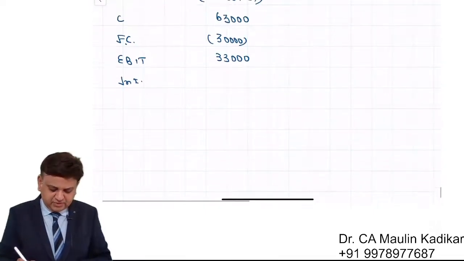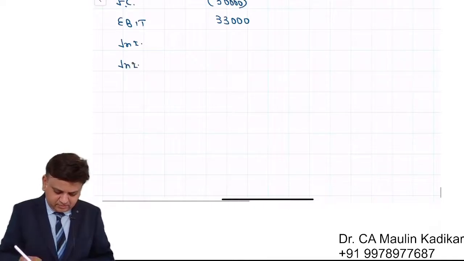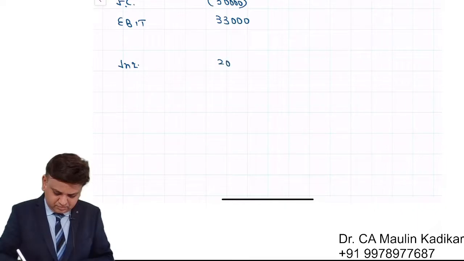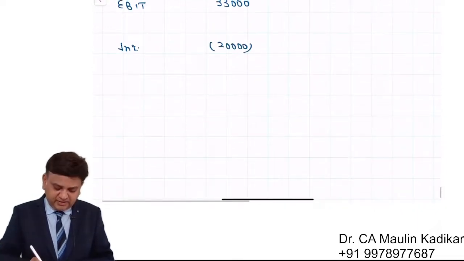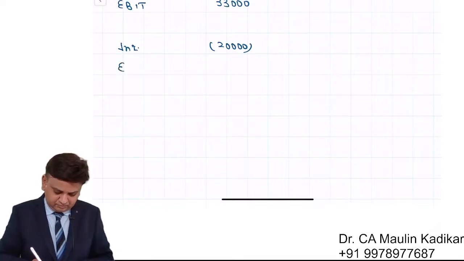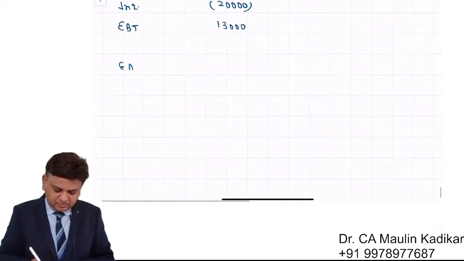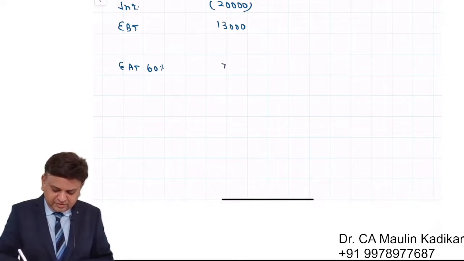Amount of interest is 20,000. EBIT minus interest is EBT, that is 13,000. Income tax rate is 40%, so earning after taxes is 60%, that comes to 7,800.